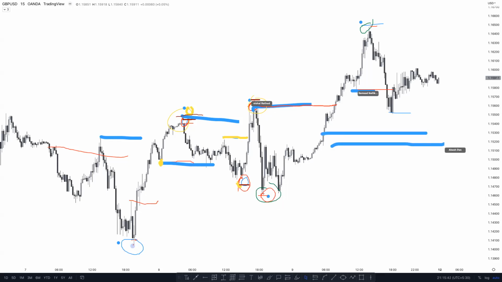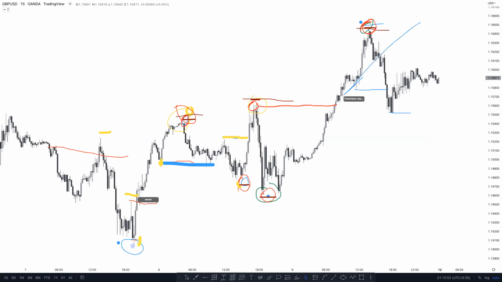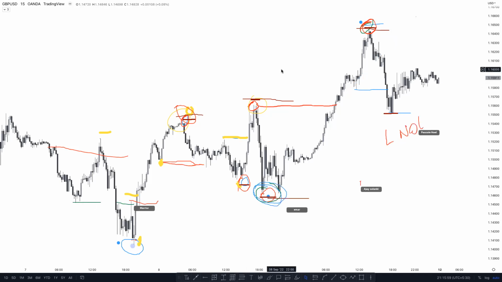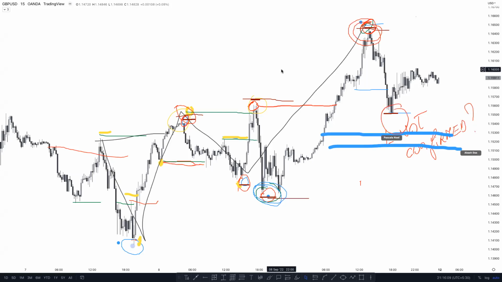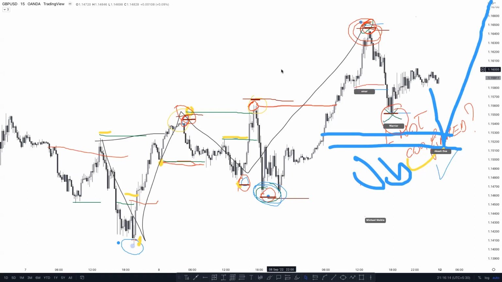You can use the annotate tool to mark here. Okay, perfect everyone.